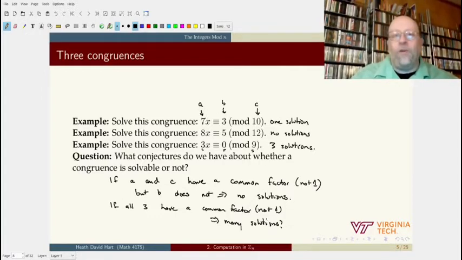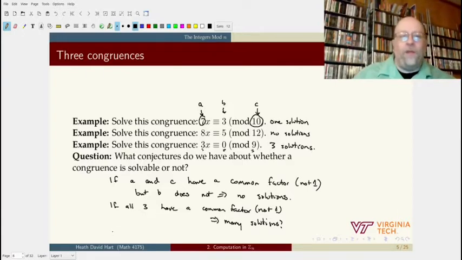What happened here, though, is that 7 and 10 don't have a common factor except for 1. And so I couldn't come up with a pattern like this only generates even numbers. Or this only generates multiples of 5. This turned out to generate all of the numbers. In fact, we got through all of them by the time we got to 3.